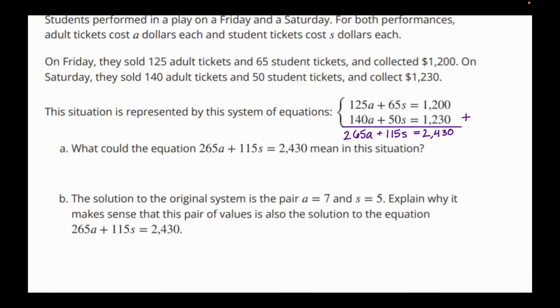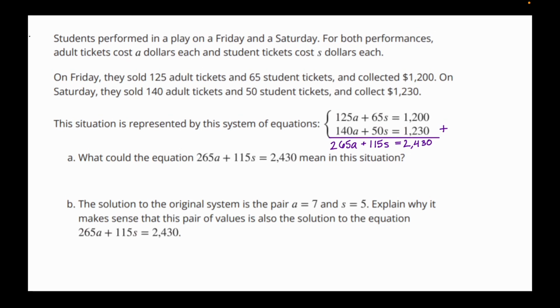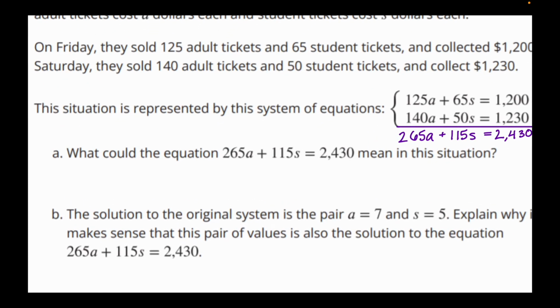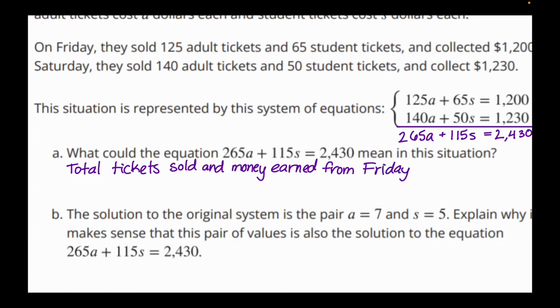So this looks like the totals from both nights of the theater production. So the play was a Friday and a Saturday. So this is going to be total tickets sold and money earned from Friday and Saturday night.